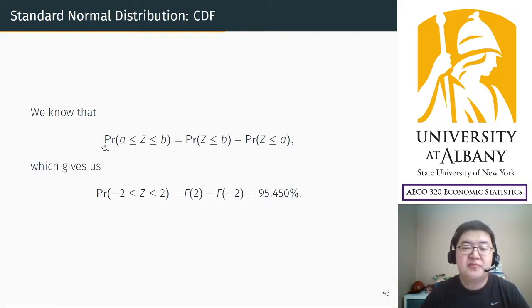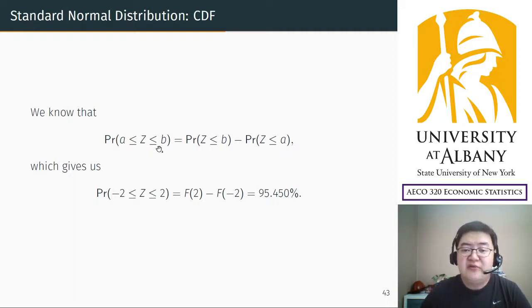Probability between A and B can be split into probability smaller than B minus probability smaller than A. Again, please do not mind the weakness or strength of the inequality. The mode of inequality is not important in this chapter at all. I keep using weak inequality just because it's my habit.